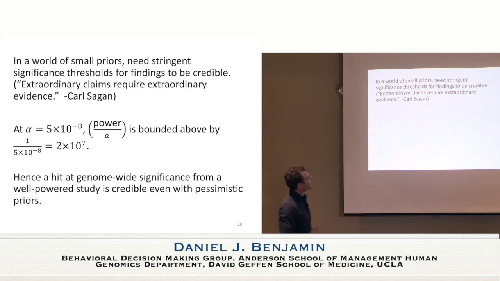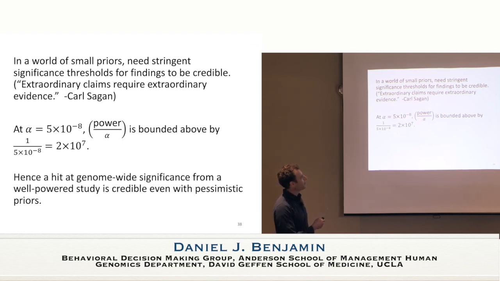So in a world of small priors, you need stringent significance thresholds in order for statistically significant results to be meaningful evidence against the null hypothesis. If we adopt the genome-wide significance threshold of 5 times 10 to the negative 8th, then we can do much better.